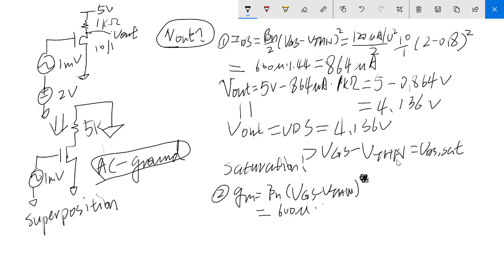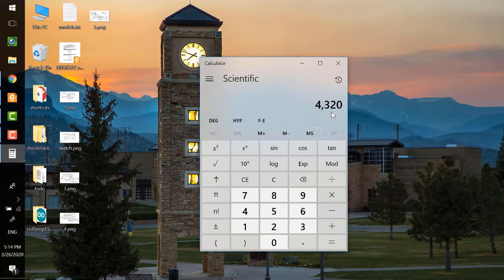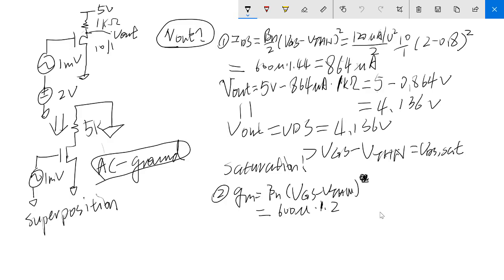Times 1.44? No, times 1.2, which is pretty close to that value. 600 times 1.2, I don't need a calculator. That will be 720 microamps per volt, right? So that's GM.